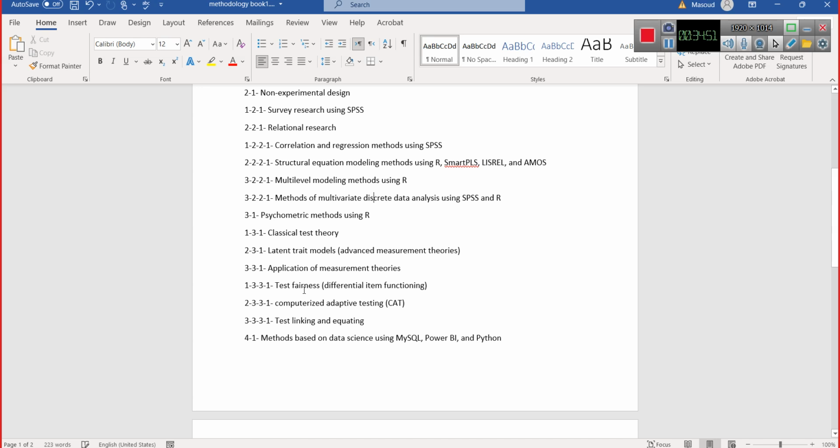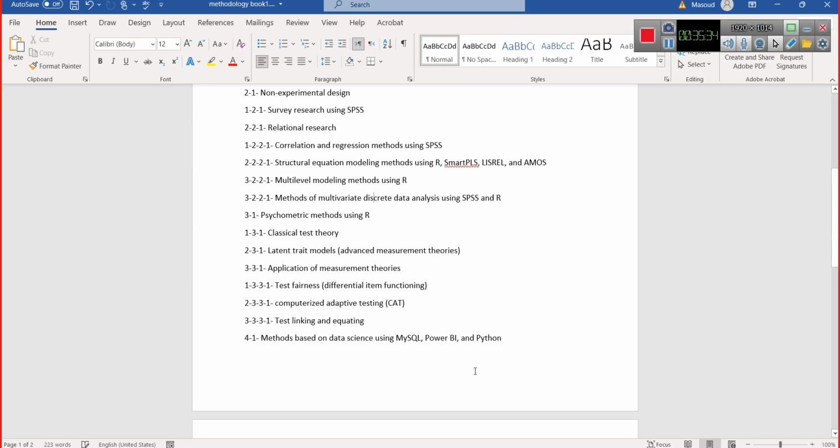In this field, computerized adaptive testing is a trend, using measurement models, dealing with item banks, item selection, item exposure, and estimating the ability of examinees in an automated manner through computer.